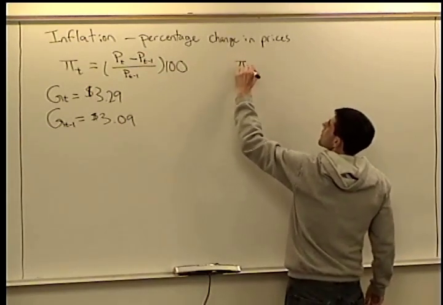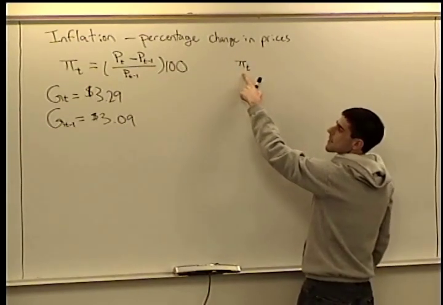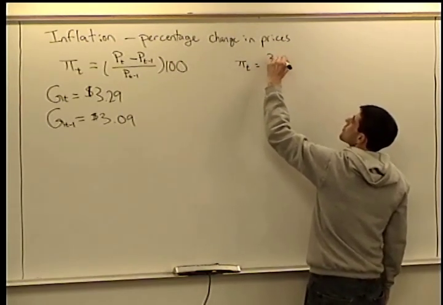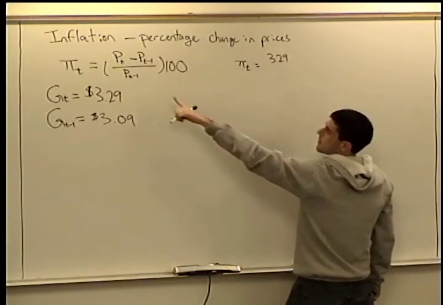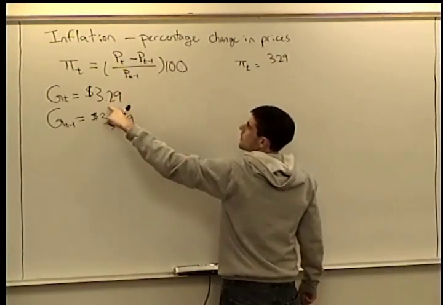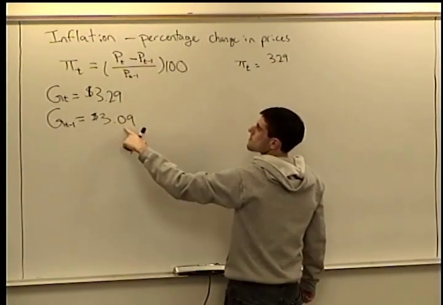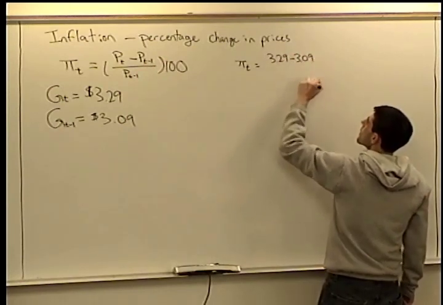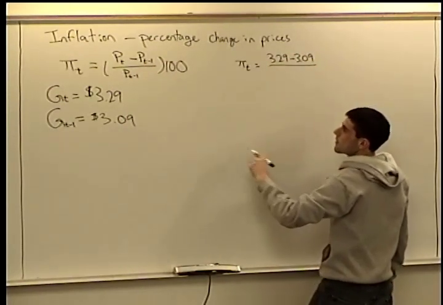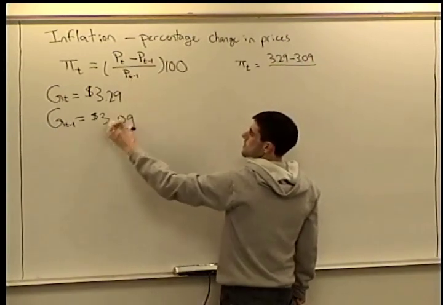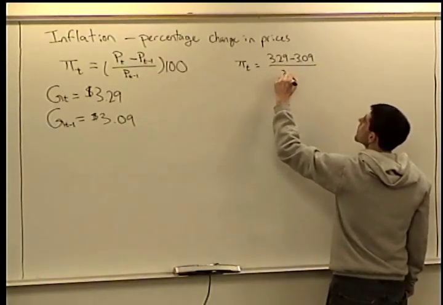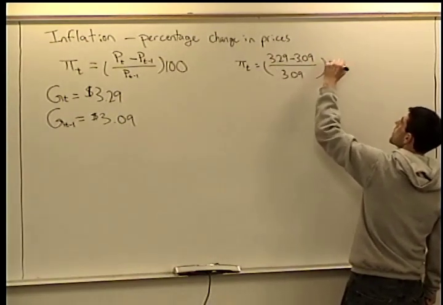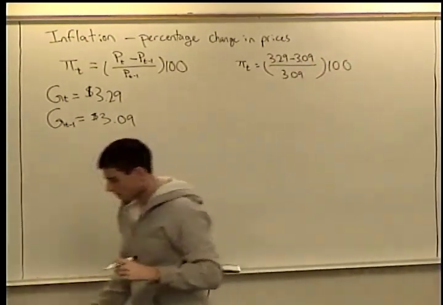So here, the inflation rate for gasoline today is going to be equal to $3.29 minus what it was 6 months ago, $3.09, divided by what it was 6 months ago, $3.09, and then we multiply by 100. Let me grab my calculator.